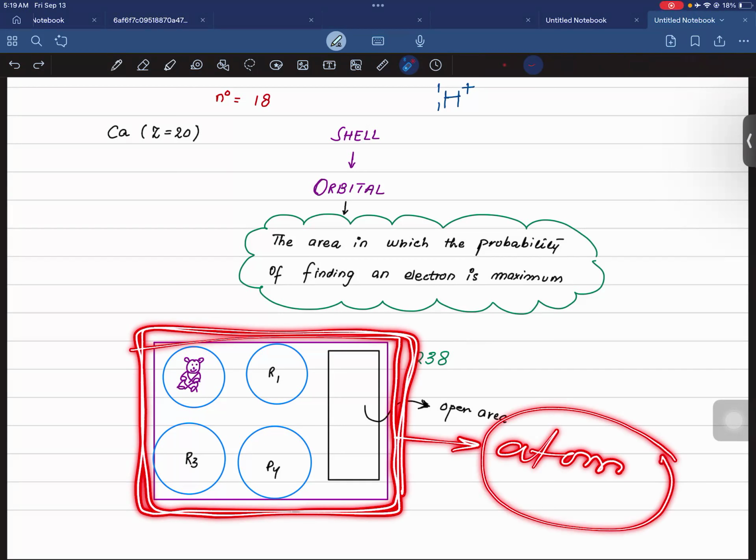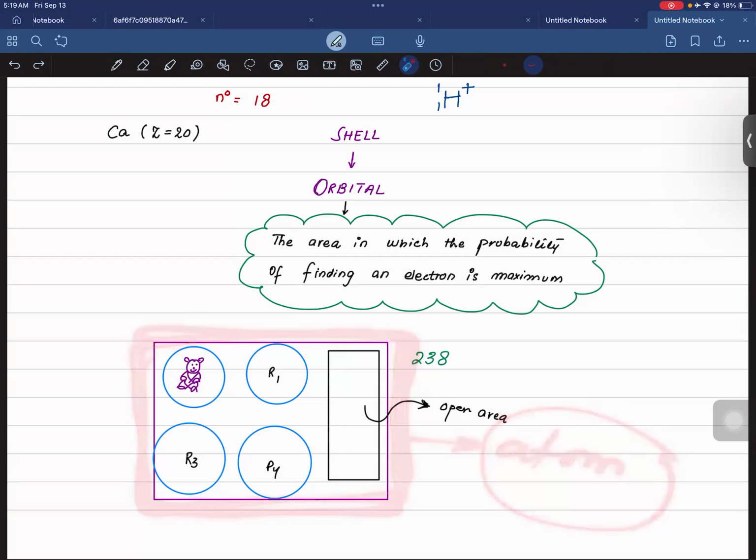I know that the electron is within this particular area, but I don't know the specific area. So when I get to know the room number in which you are standing right now, it means that the probability of finding the electron is going to increase. That particular area is called orbital.